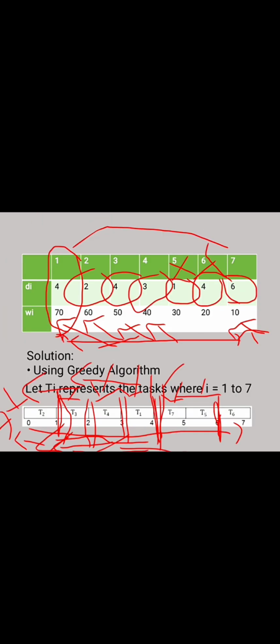By the way, the objective function for this is the penalties. We need to minimize the penalties from the constraints, which is the deadlines.